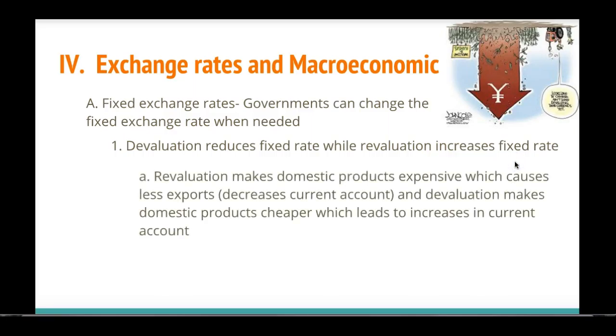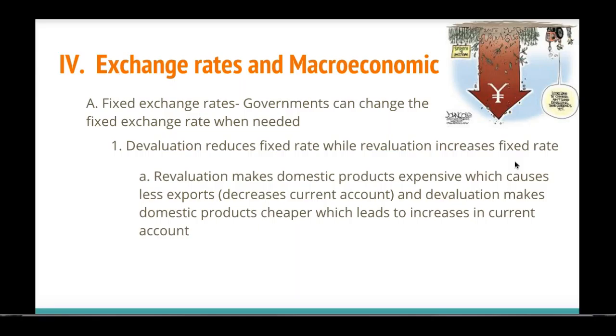All right, so revaluation does increase the value of your currency compared to another currency. For example, if we go from 0.75 euro per US dollar to 1.5 euro per US dollar, it makes domestic things, so for example products in the United States, more expensive.